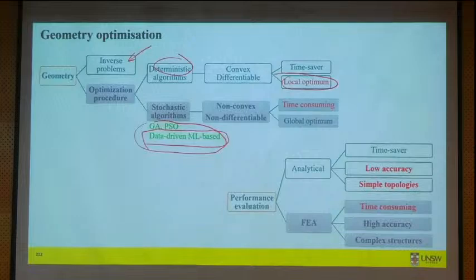But if we use FE, it usually gives very high accuracy, especially if you have a relatively complex geometry in your design. But it takes time. For example, let's take the case of a genetic algorithm.